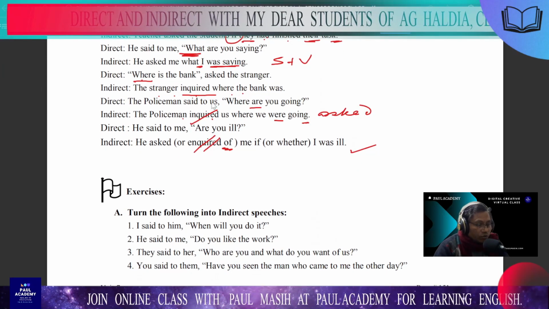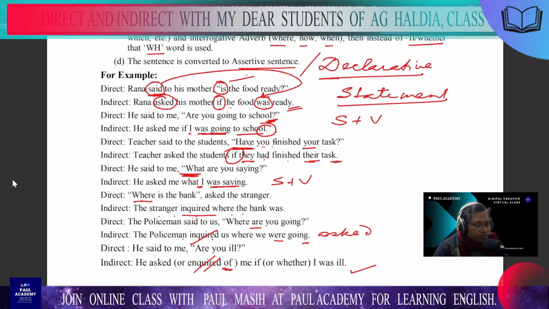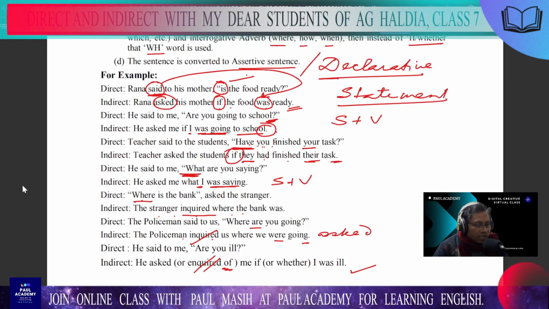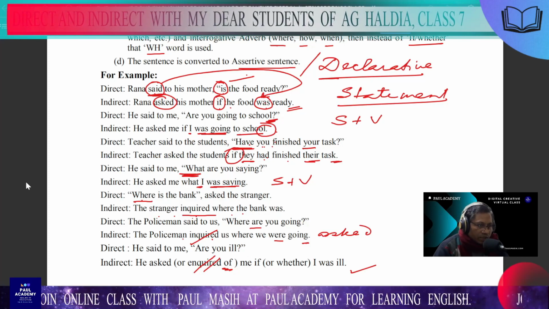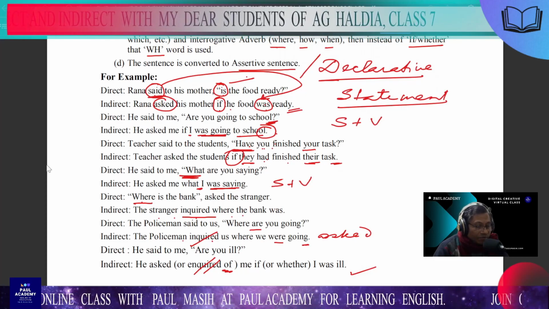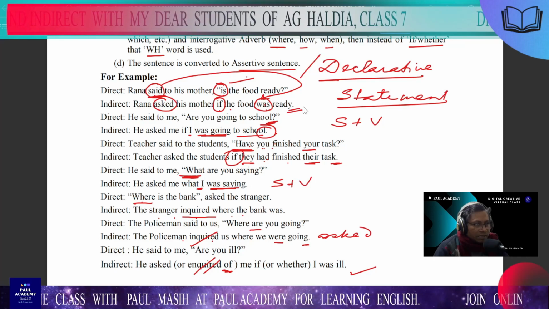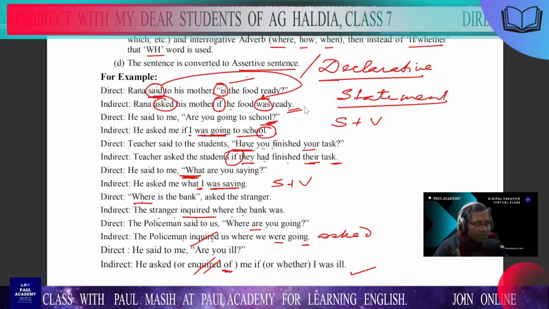So children, I hope that you understood this. What are the rules? Number one, interrogative sentences are of two types. One is yes-no question, the other one is WH question. For yes-no question, we use if to join reporting and reported speech, and the order of sentence becomes assertive, I mean subject, then verb.